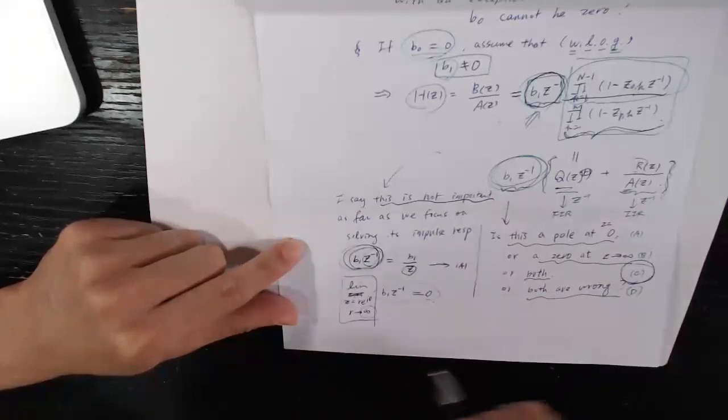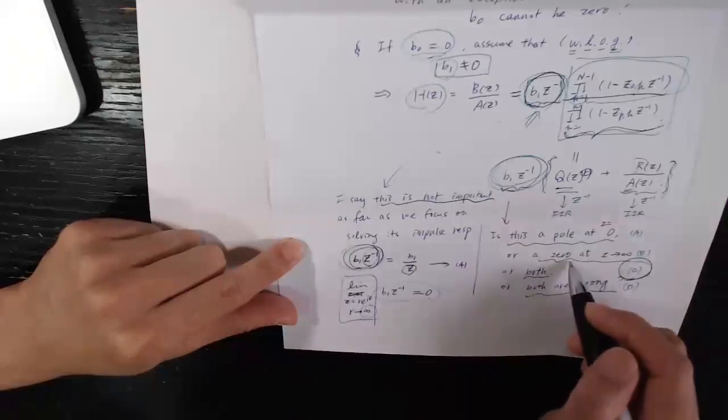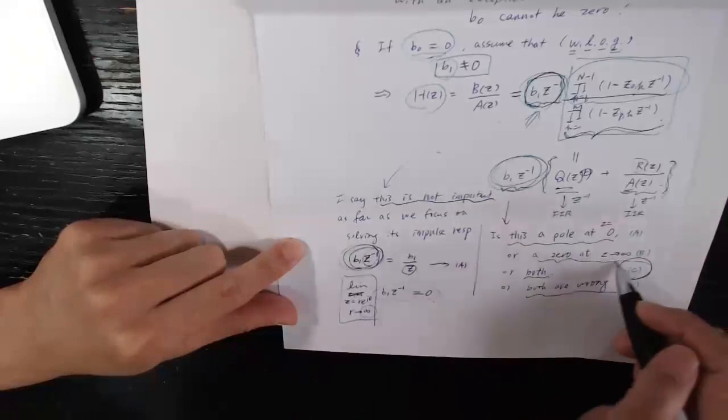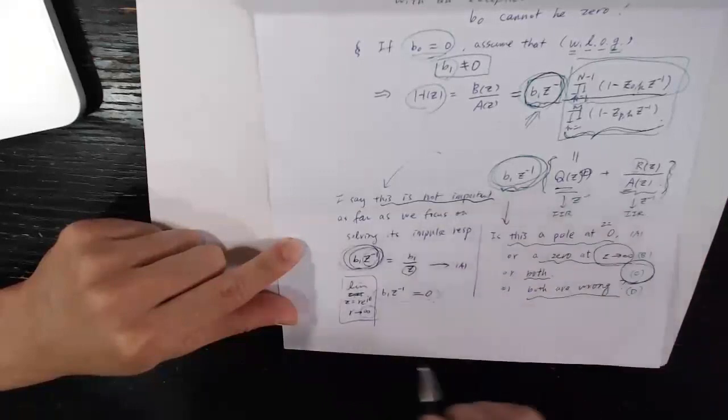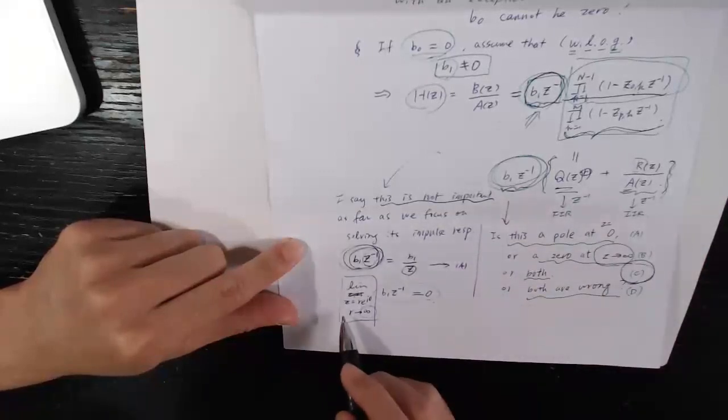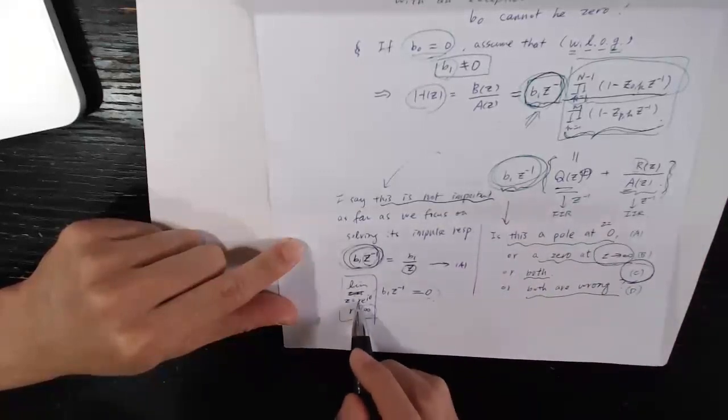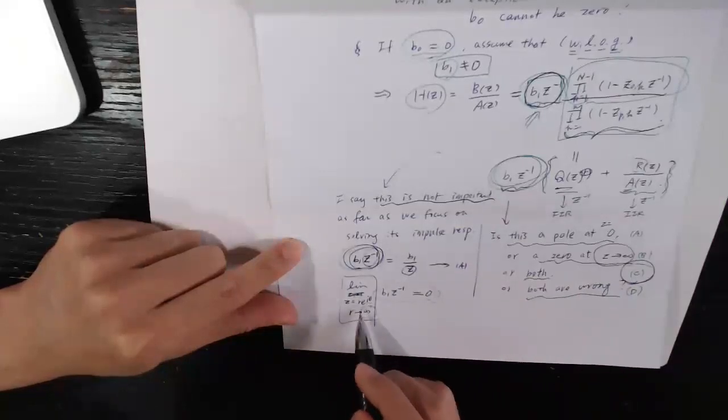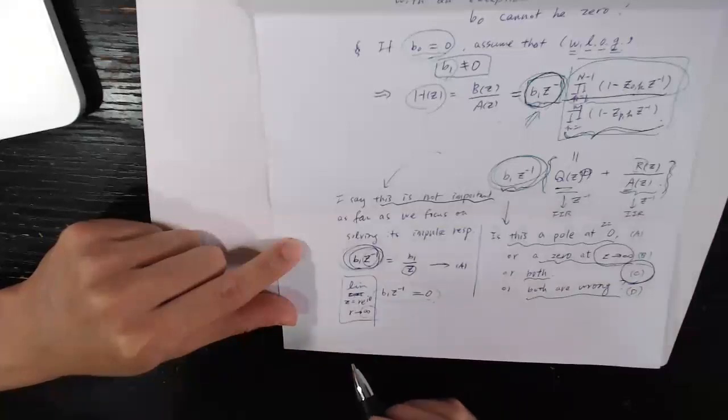The more rigorous way to say it is that Z has a distance to the origin and an angle. And if we let the radius approach infinity, that's what it means.